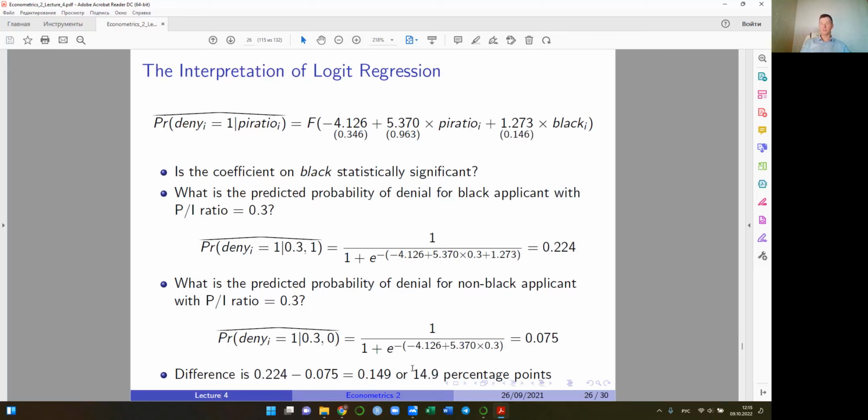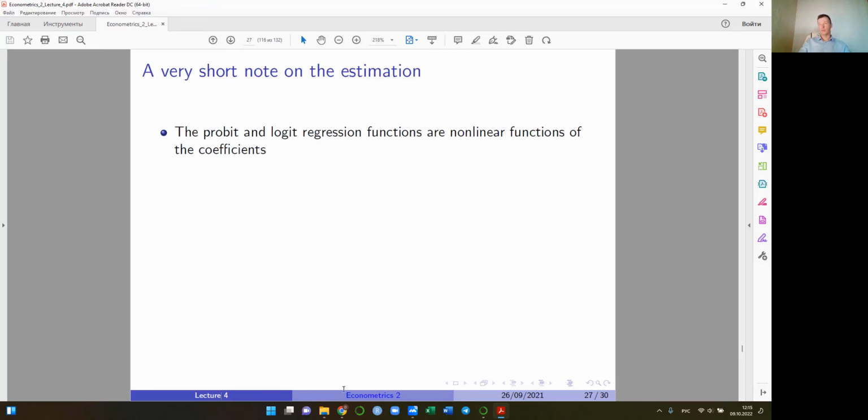So the probability differs by 14.9%. You see that all 3 models technically gave almost the same result regarding this causal effect, but if you look into other intervals for PI ratio, the results are going to be much more different.